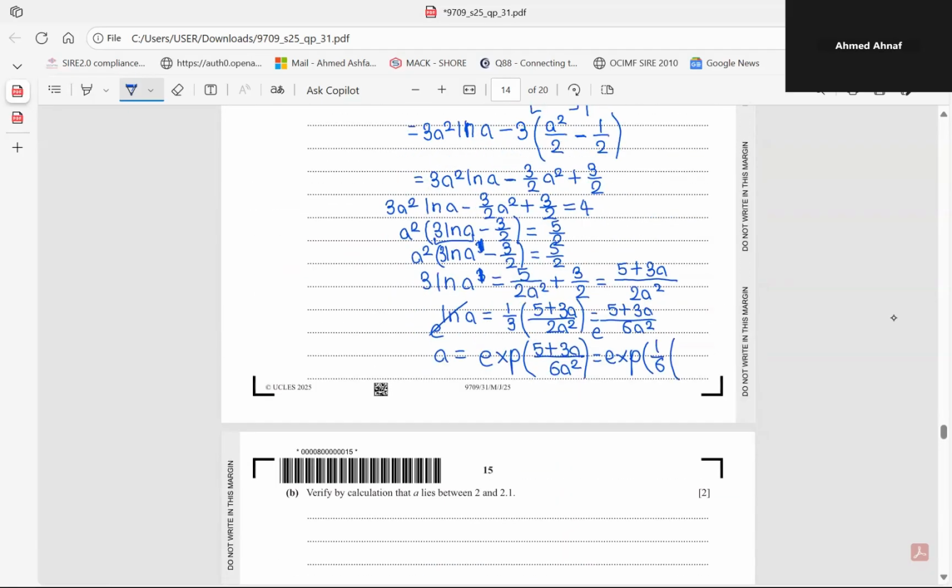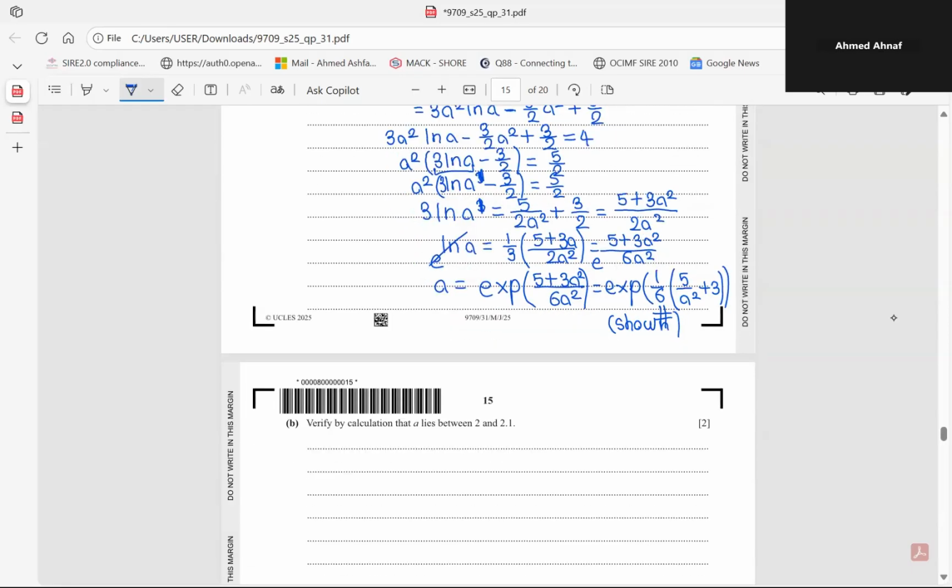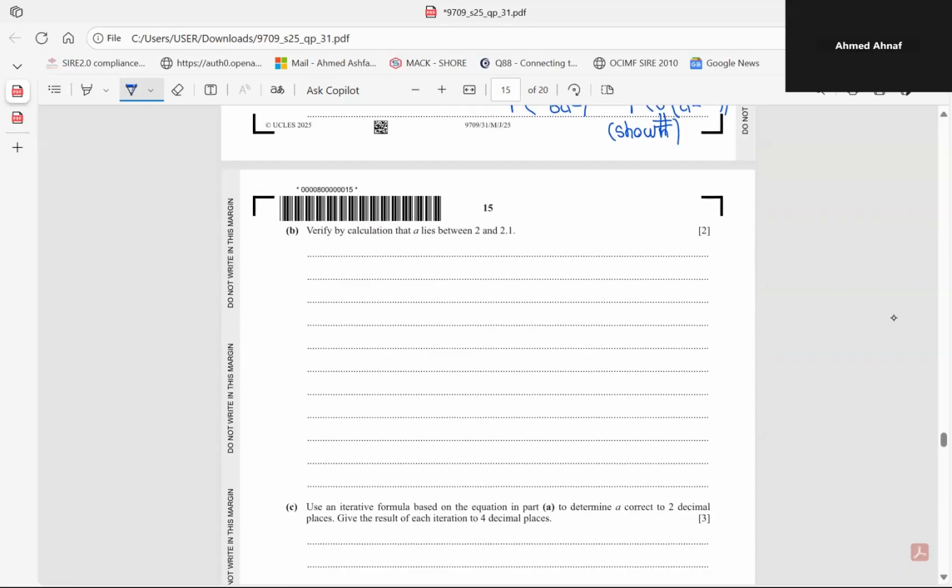Oh, never mind. This is supposed to be 3a squared. Okay, no wonder. So now this would be 5a squared plus 3 bracket. So this would be our final answer that we have to show. Let's head on to the next part.